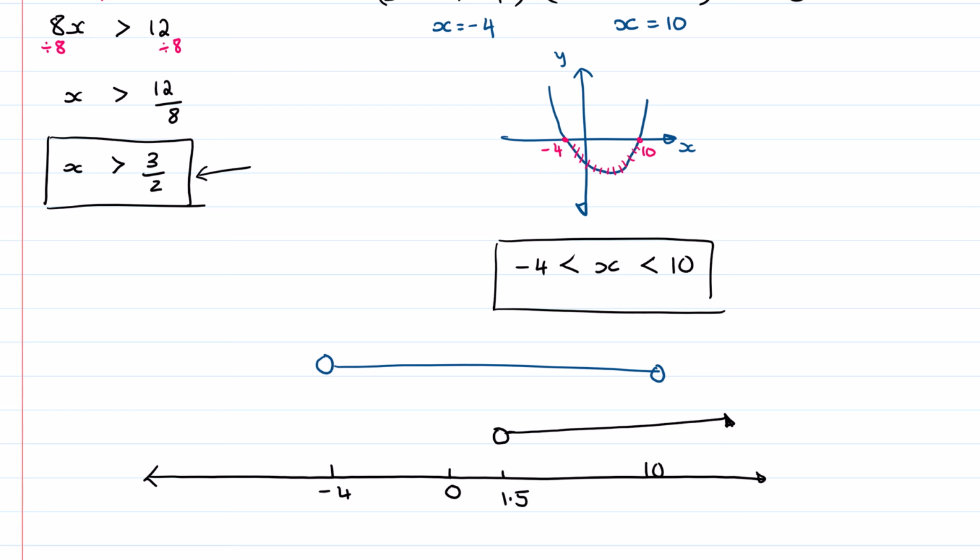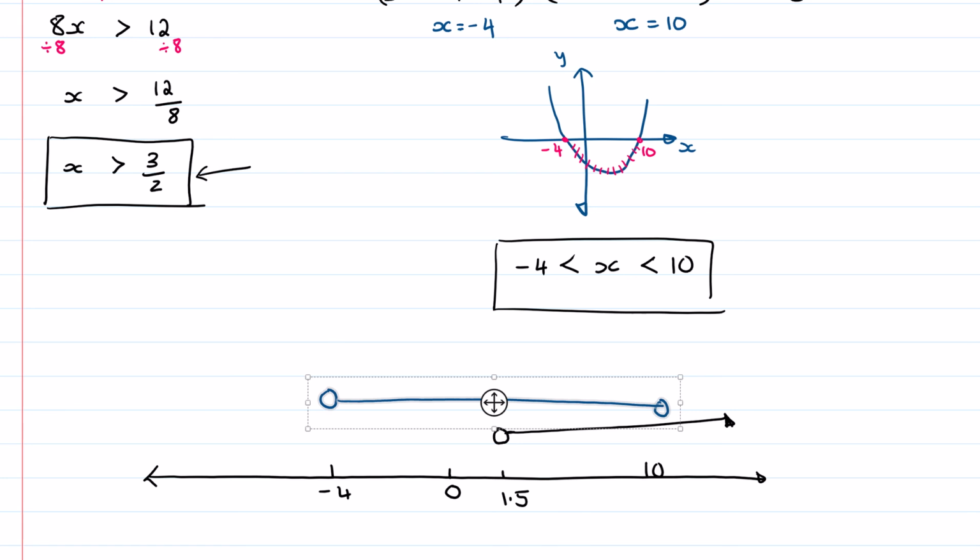And which part overlaps? That's what you're trying to find. You're trying to find the overlap. Well, the overlap is from here to there. This section is where they overlap.